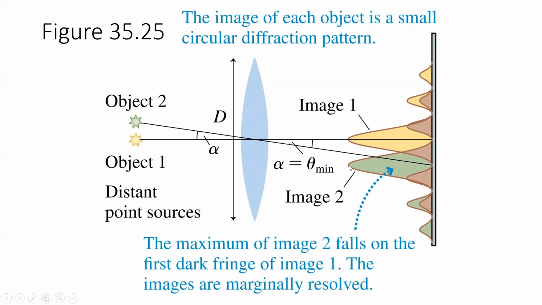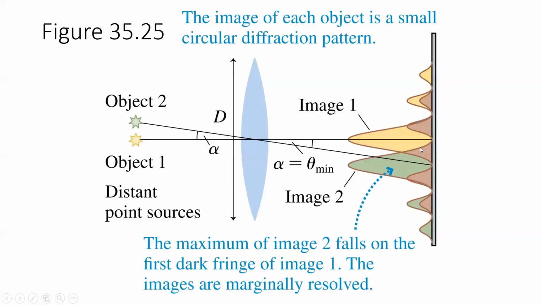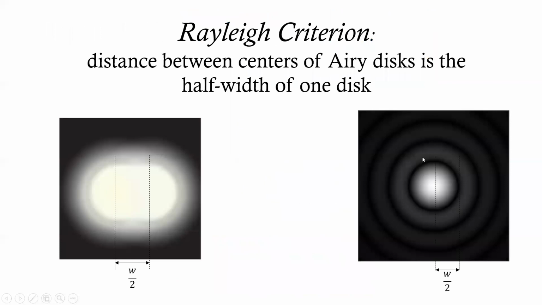Over here would be the center of the airy disk coming from object 2. And you can imagine, look how closely overlapped these patterns are. Here is the circular aperture diffraction pattern from a single source, and I'm reminding you that if this airy disk has a width W, then this distance would actually be W over 2.